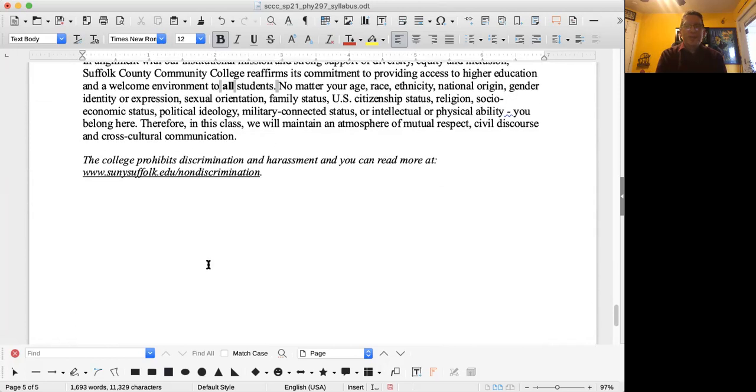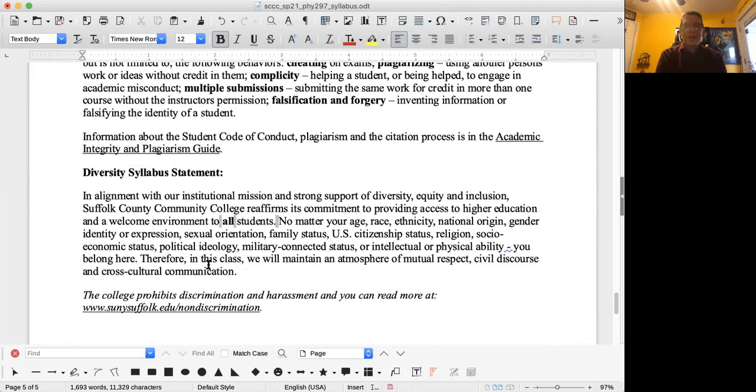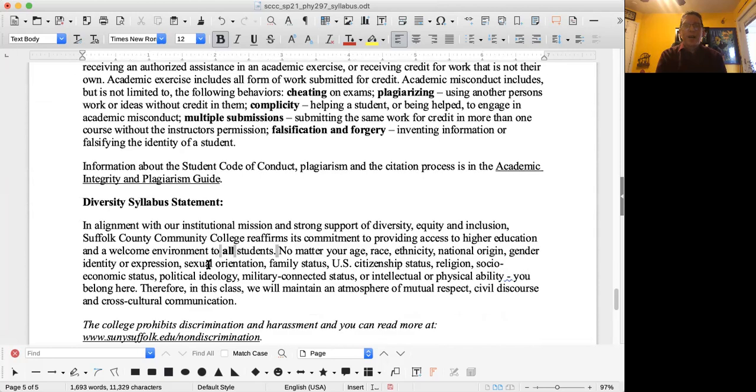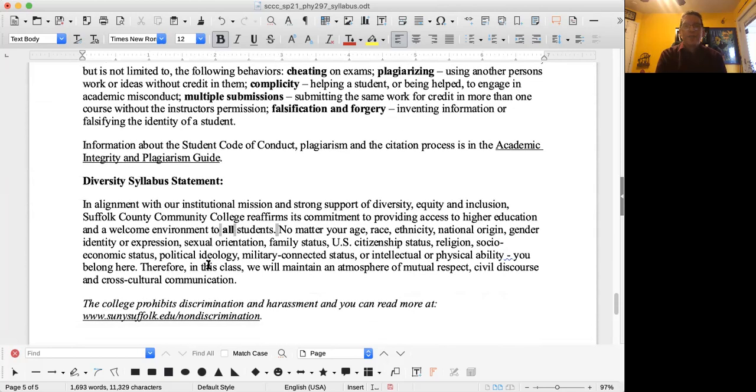Otherwise, if you feel that you've been discriminated against or harassed for a reason, whether it's race, creed, color, gender identity, sexual orientation, anything like that, you have an outlet at the school.